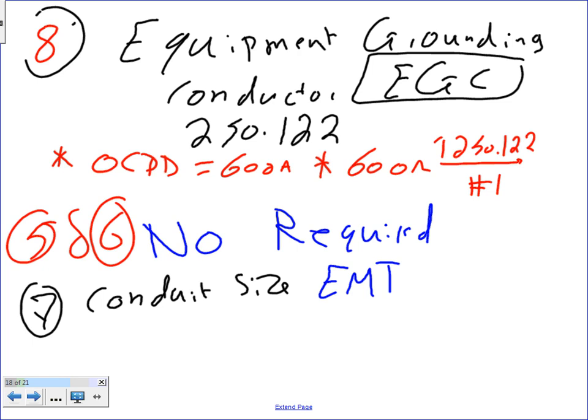Most likely it's going to be THHN. But you had it with parallel. Thank you. That's what we're going to do in a second here. I'm going to use 2 sets.